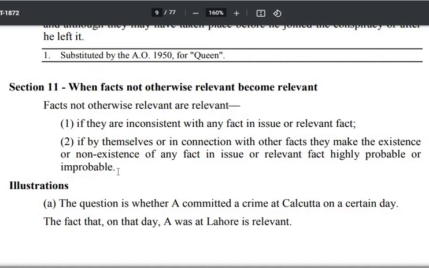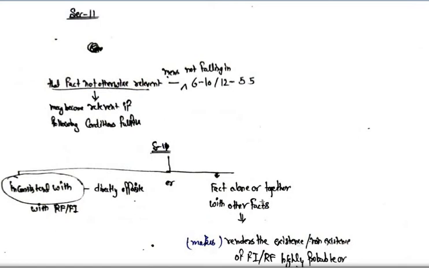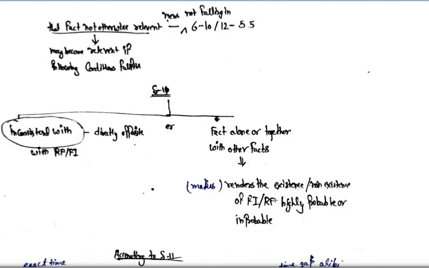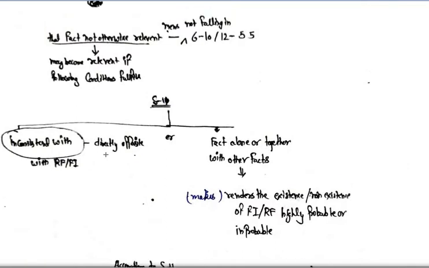So that fact, alone or together with other facts, या तो अकेला या फिर दूसरे facts को मिलाकर, renders the existence or non-existence of the fact in issue or a relevant fact highly probable or improbable.